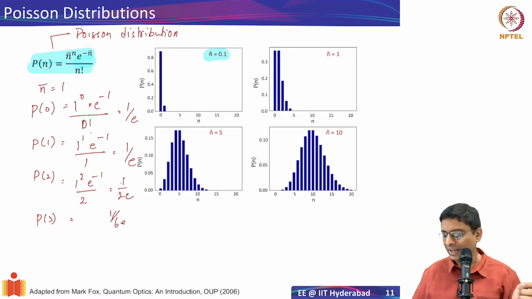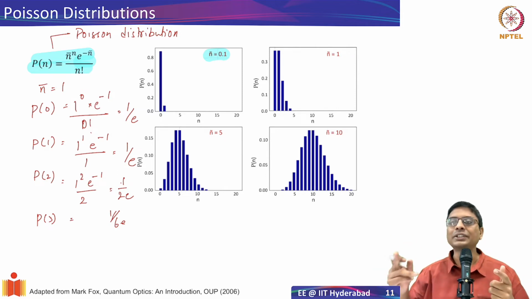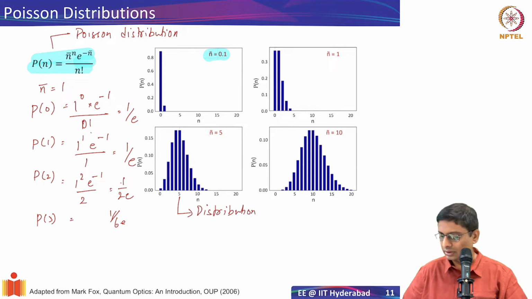So if you have such a scenario, you see a distribution, and the center of the distribution is n bar. Basically these are all Poisson distributions, centered around n bar.